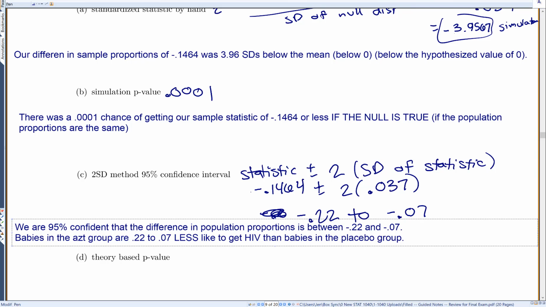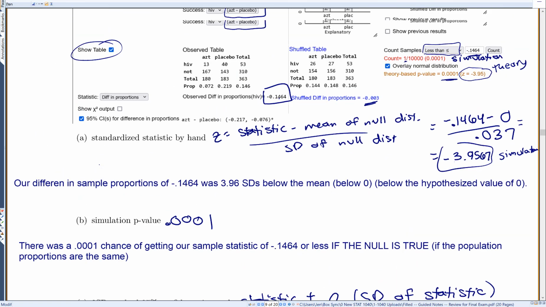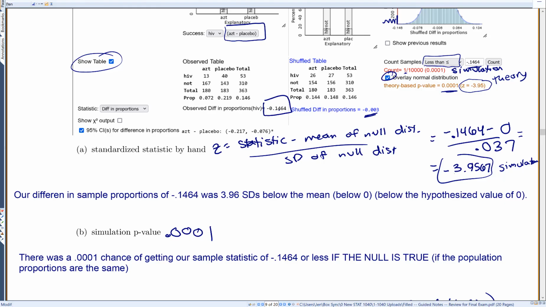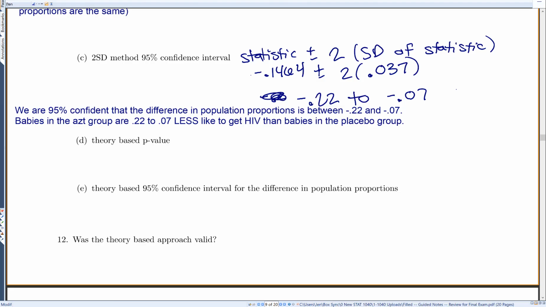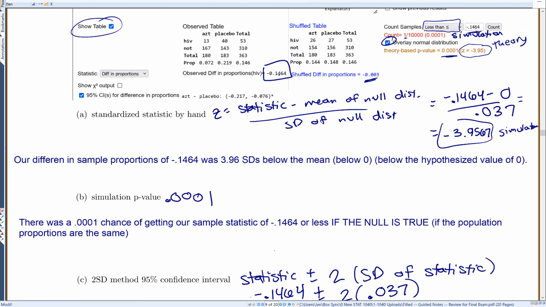And let's look at our theory-based p-value. So I just look right here where I overlay the normal distribution so I can get the theory, which again is just 0.001. And we want a theory-based 95% confidence interval. So if you click this button right here for the 95% confidence intervals, this is always going to be your theory one. I don't know why that's the one they put in there.